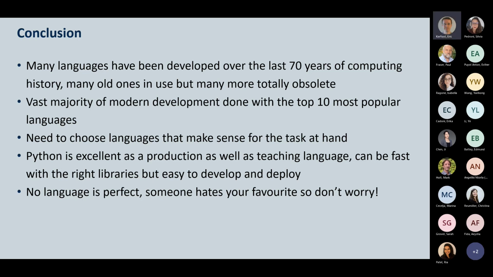No language is perfect. Even if you have a favorite, someone's going to hate it. So you have to look at languages with a pragmatic eye entirely. What programming language has the technical features you want? What is going to work with you and with your team in terms of what is going to be easy for you to learn, and what is going to be a maintainable software object going forward into the future?